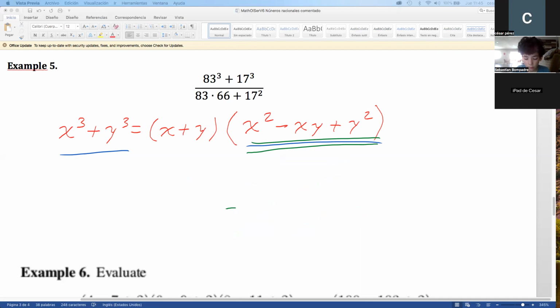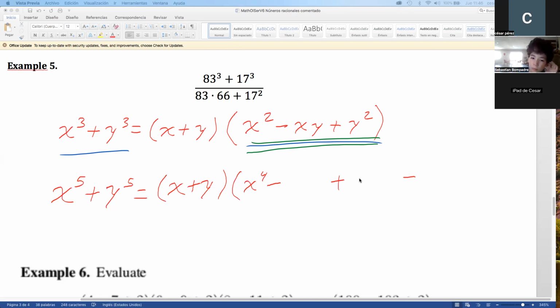Okay, this is important too. x^5 + y^5 can be factored this way: (x + y) times (x^4 ...). Okay, we can find here a pattern. We will have minus, plus, minus, plus. We will have x^4, x^3, x^2, x, and x^0.